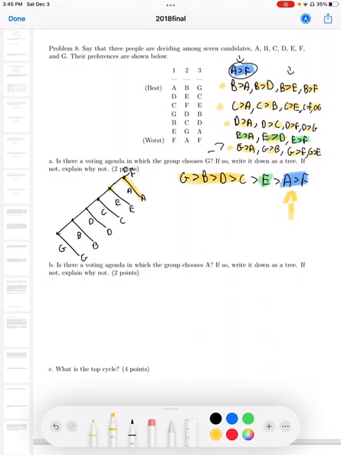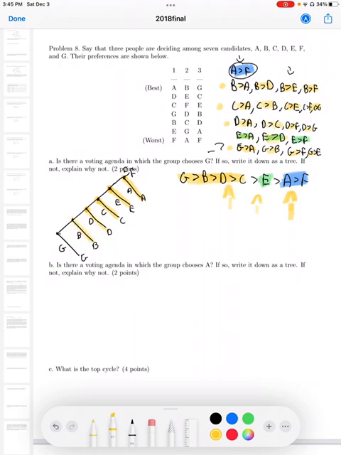And so now we go down to this node. Do they prefer E or A? They're going to prefer E. At this node, do they prefer C or E? They prefer C. So it's basically just a pattern. At the next node, are they going to prefer D or C? They're obviously going to prefer D. That's what this tells us.